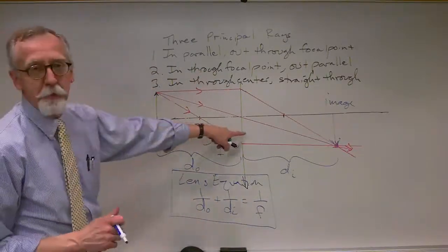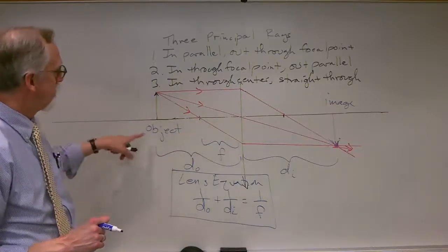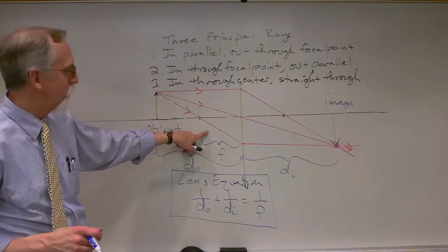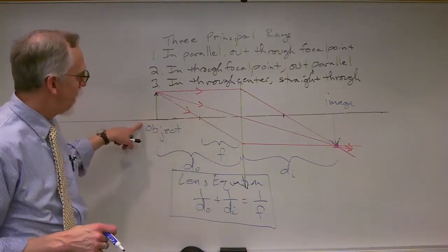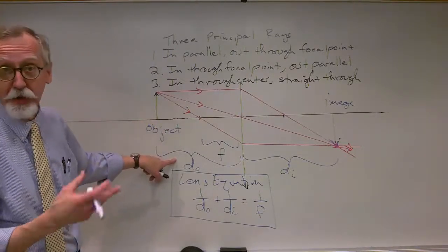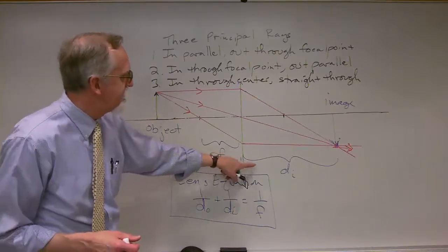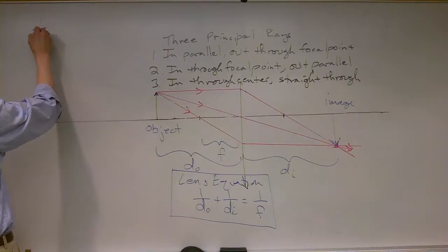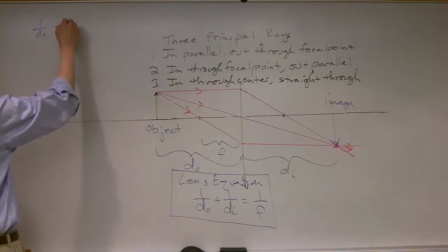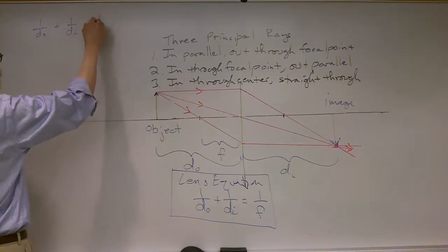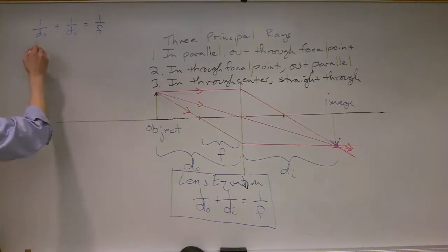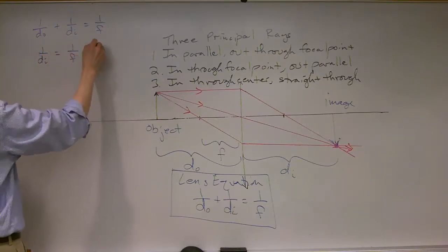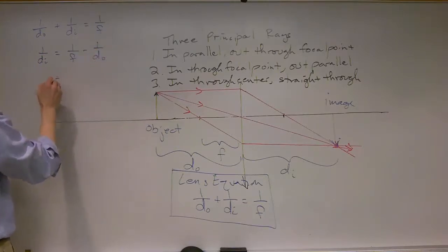Now, let's stick some numbers in here and just see how that works. Let's pick maybe 10 centimeters for our focal length. Then our object distance would be, say, 20 centimeters. The image distance, well, let's figure that out. So we have 1 over dO plus 1 over di equals 1 over f. So 1 over di equals 1 over f minus 1 over dO.